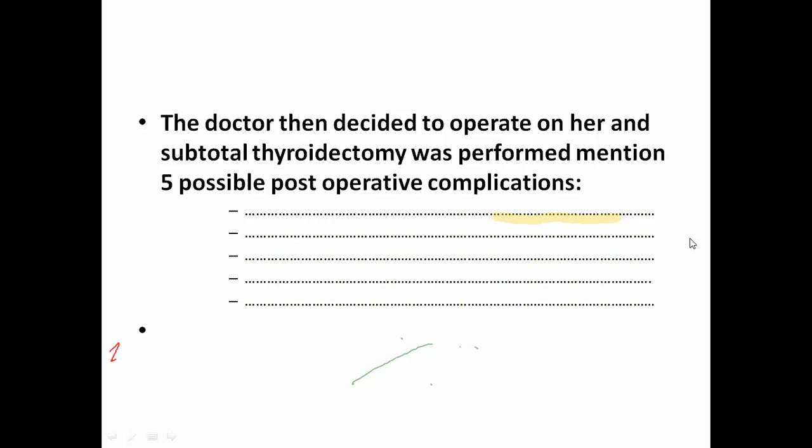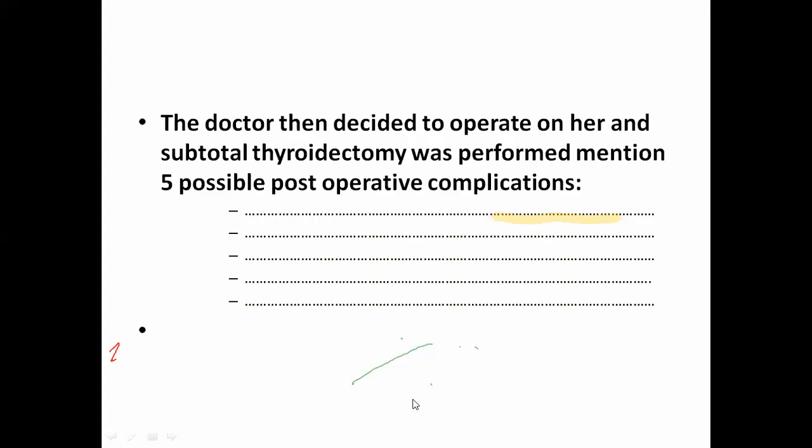What are the complications of subtotal? Actually, if I were him I would do it, but we are not arguing the management. The best management for a patient with toxic goiter, Graves' disease, if you are going to do surgery, is near total thyroidectomy rather than subtotal.